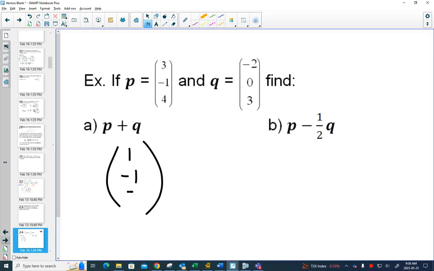It's really easy to get 1, negative 1, and 7. If you had P minus a half Q, P minus half of that, so it would be plus 1, which will be 4. Negative 1 will still be negative 1, and 4 minus a half, minus 1.5.